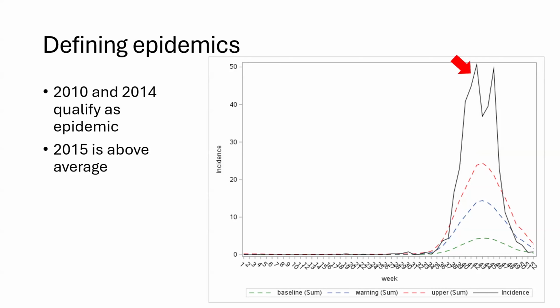As we can see, we spent quite a bit of time above this in 2010, indicating this was indeed an epidemic outbreak. Now, 2015 did not qualify as an epidemic, but it was an above average year, meaning that it existed somewhere in this area between the two standard deviations. So we chose to include it in our analysis as an epidemic year.